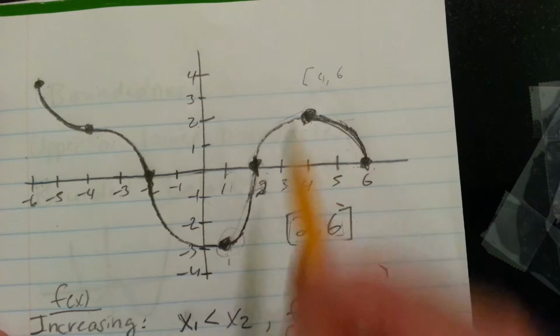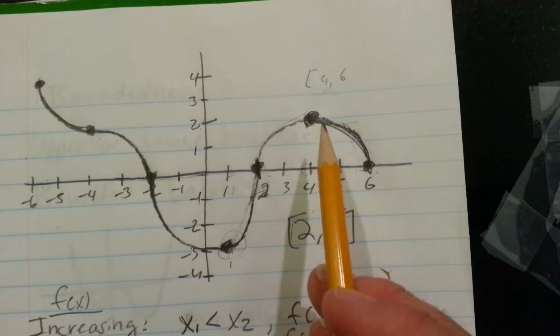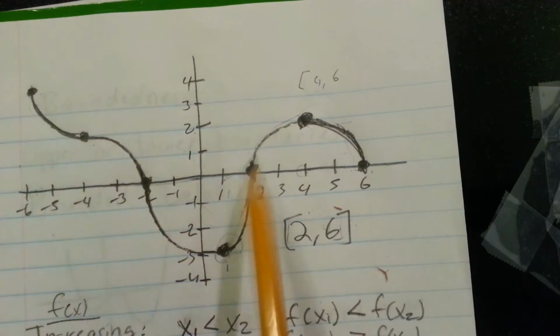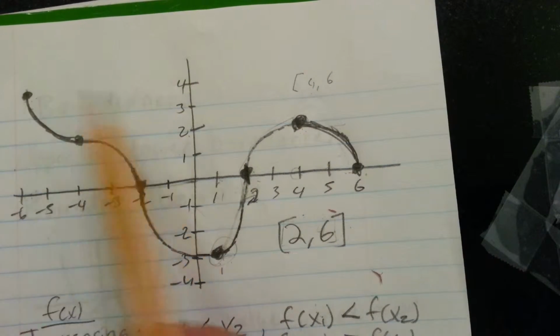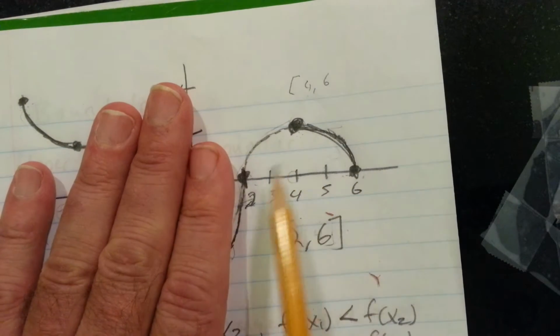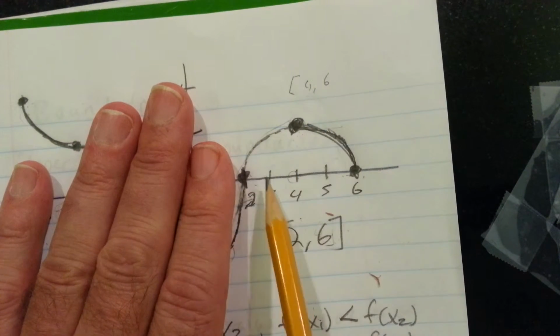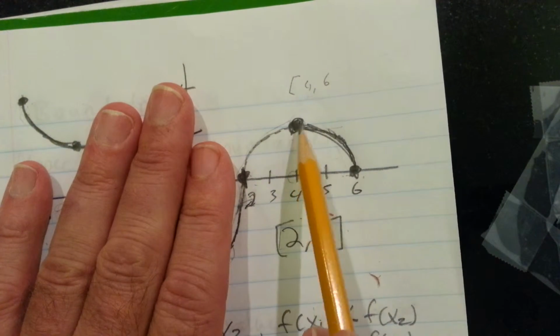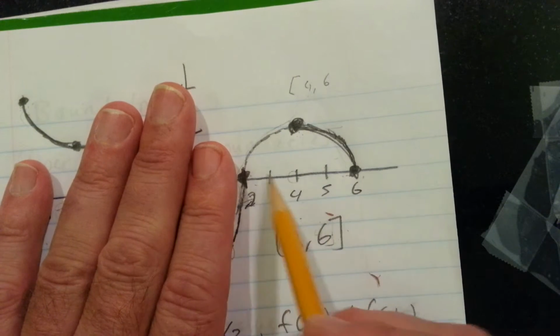This point is relative or local because it's not the greatest for the entire function. This point here is actually higher, but on this local area on a given interval from 2 to 6, that's a relative maximum. That's the highest value I have.